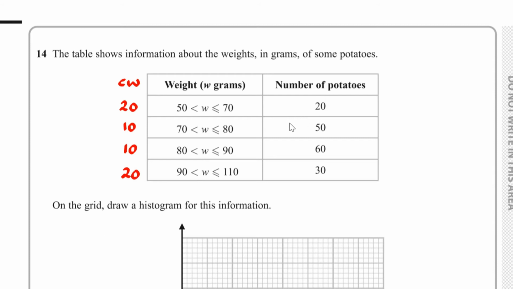So now to find out the frequencies, we need to do the frequency density multiplied by the class width. So to find the frequency densities, we need to do the frequency divided by the class width. 20 divided by 20 is 1, 50 divided by 10 is 5, 60 divided by 10 is 6, 30 divided by 20 is 1.5.